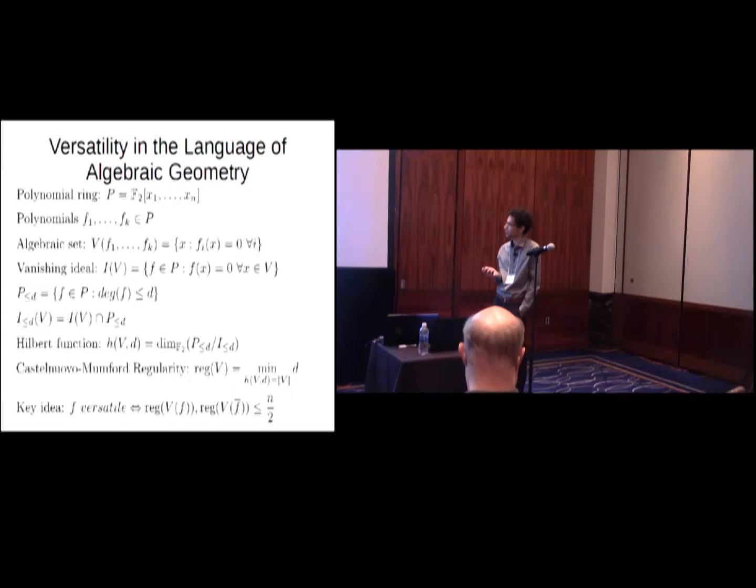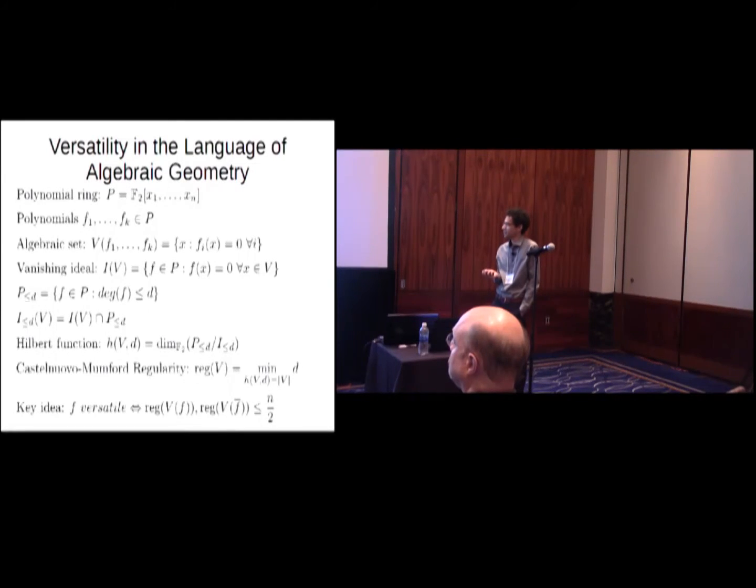Given a collection of polynomials, we, as before, define the algebraic set V. The vanishing ideal associated to V is simply the collection of all polynomials which vanish everywhere in V and possibly other places. We then define the subset consisting of all polynomials of degree at most D, and the affine subspace consisting of the ideal intersected with P at most D. That is, this is the collection of all polynomials of degree at most D in the ideal.